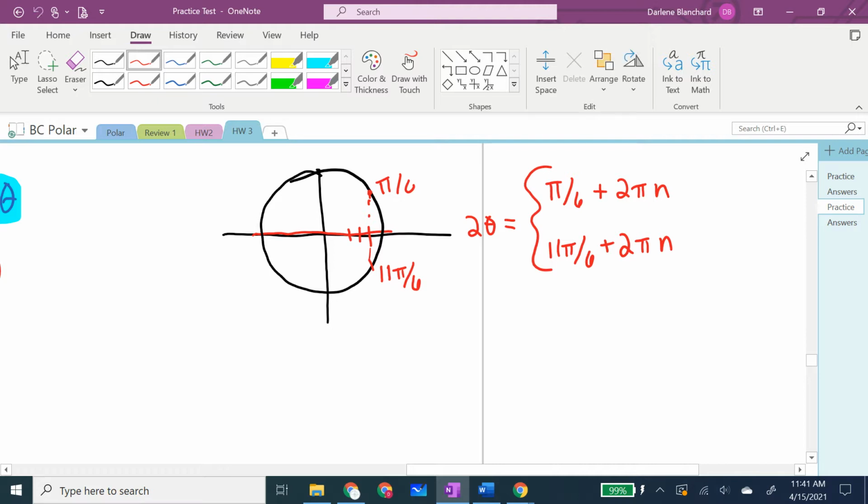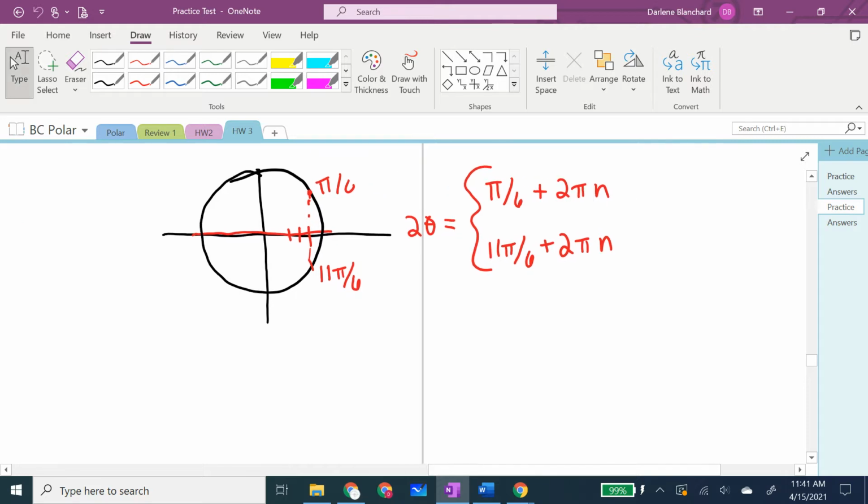Do you need to go that far on the test? No. But I want to make sure that you're understanding how to solve your equations or have a little more practice behind it. So I can set 2 theta equal to pi over 6 plus 2 pi n, and I can set 2 theta equal to 11 pi over 6 plus 2 pi n.